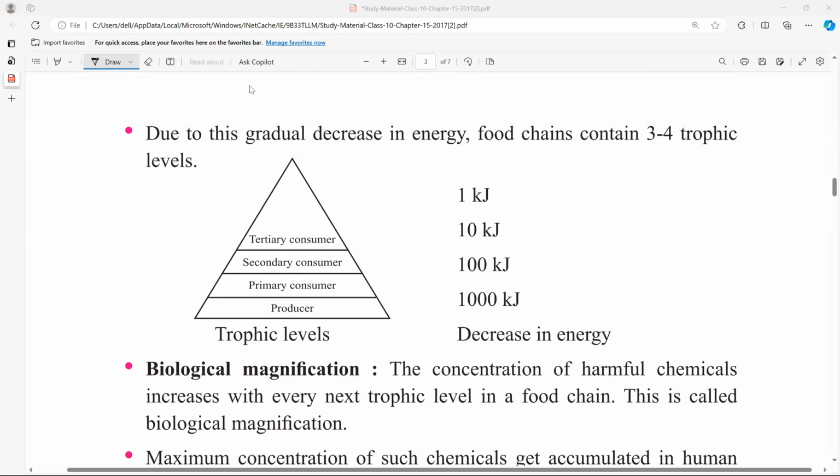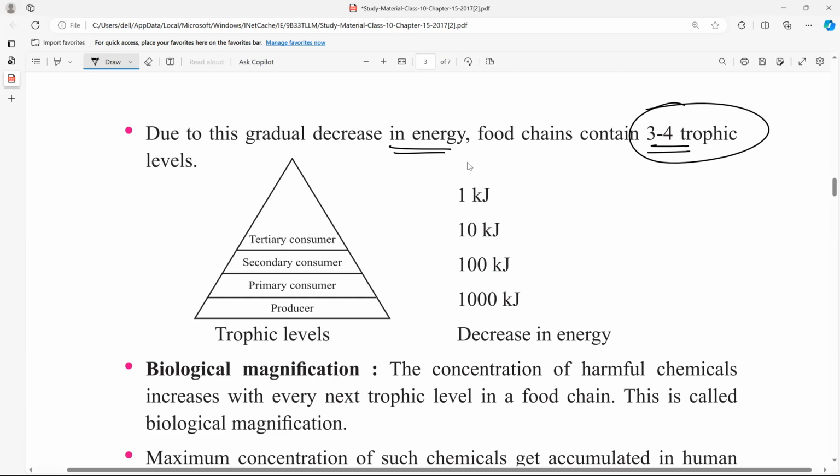So due to this gradual decrease in energy, as the energy is continuously decreasing, the food chain trophic levels can be 3 to 4.